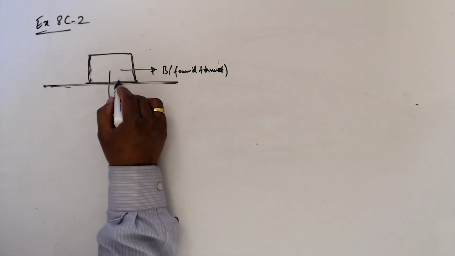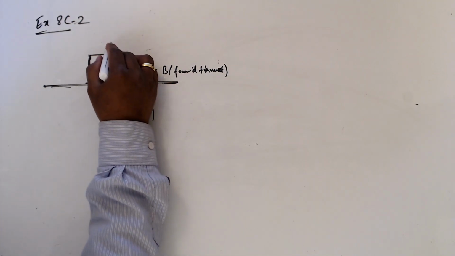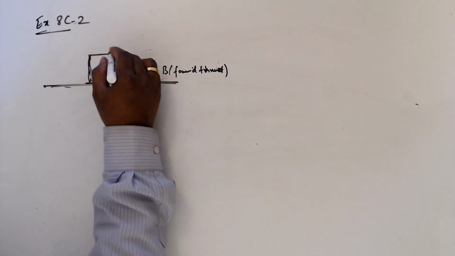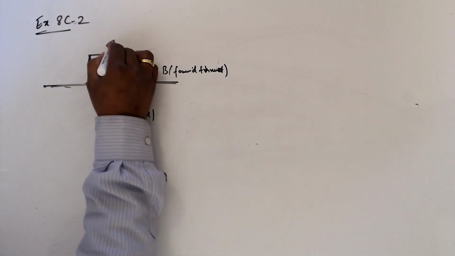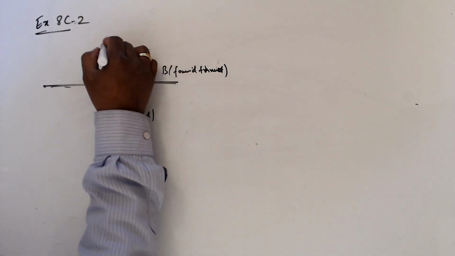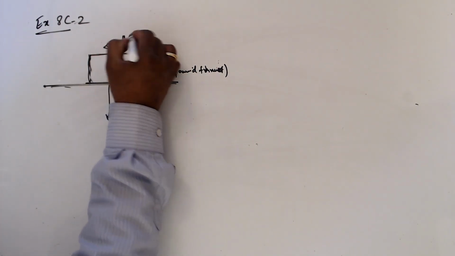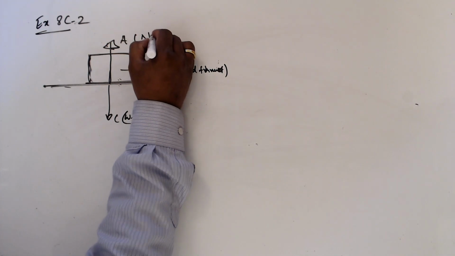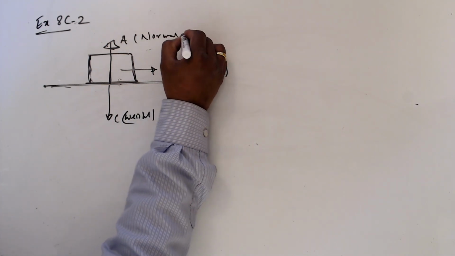So two objects touch, as a result the normal reaction A is the normal reaction.